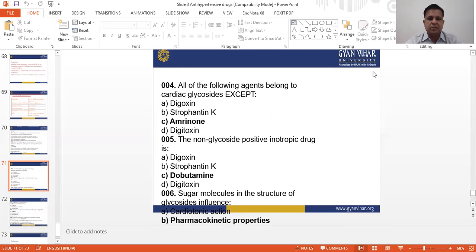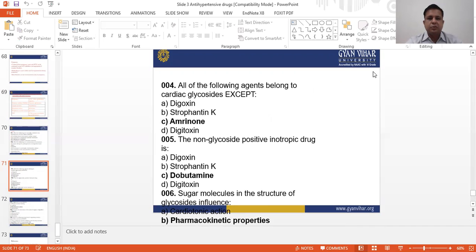The correct answer is C, amrinone. Next question: the non-glycoside positive inotropic drug is: option A, digoxin; option B, strophanthin K; option C, dobutamine; and option D, digitoxin. The correct answer is C, dobutamine.